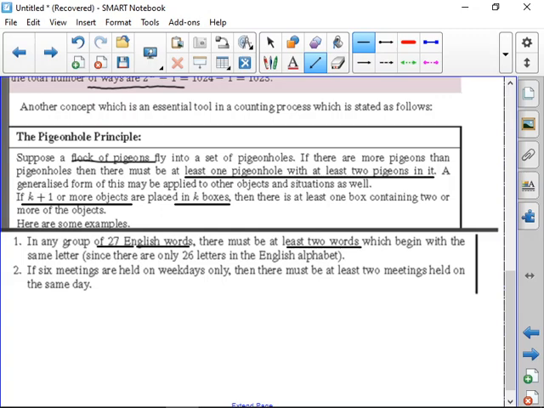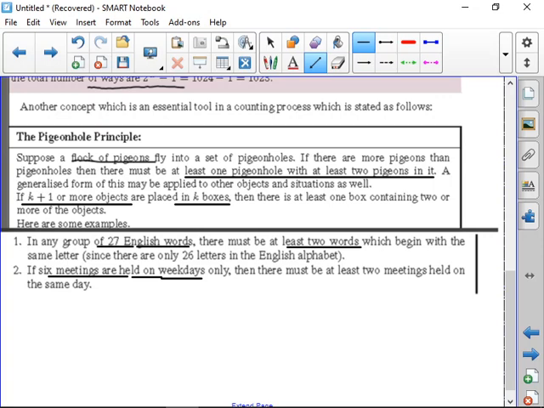Okay. Then, second one, if 6 meetings are held only on the weekdays, then there are only 5 weekdays, no?